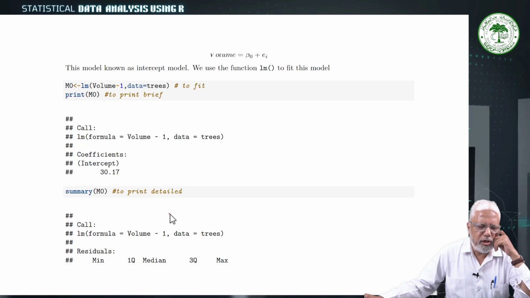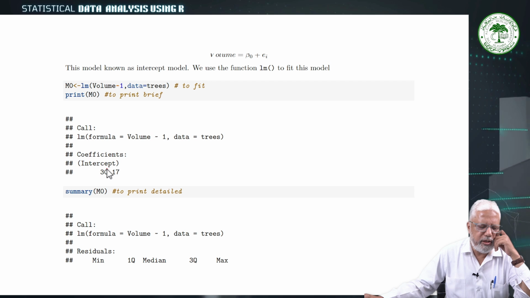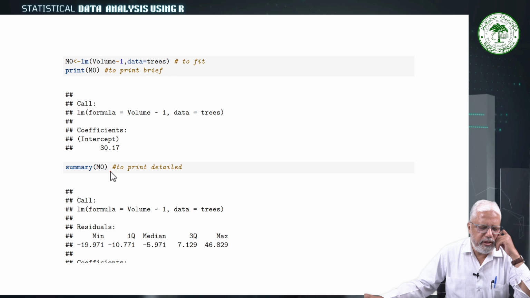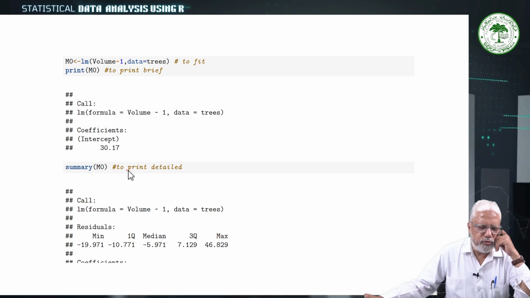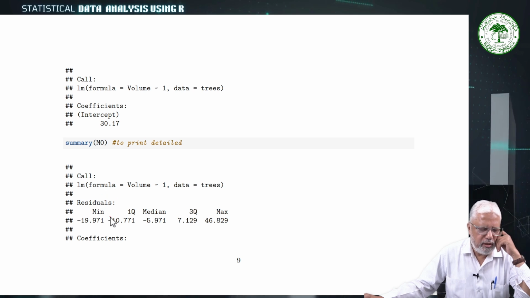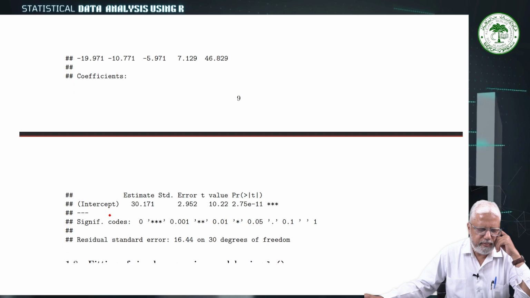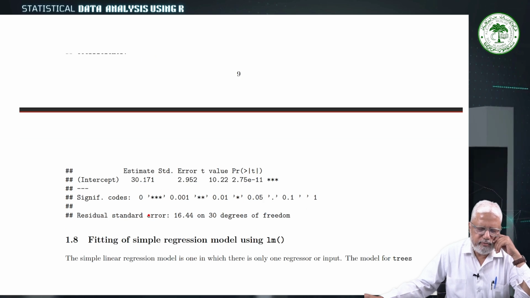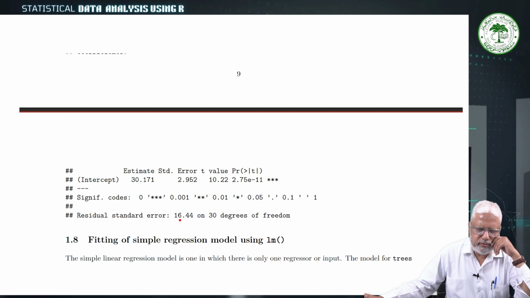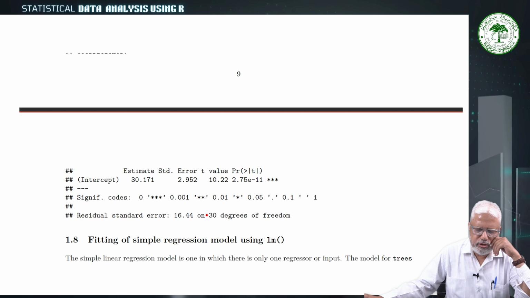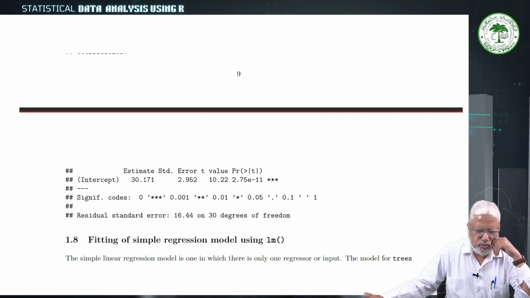Print gives shorter output, this is the shorter output of the result, this is the estimate of the intercept. Here summary means it gives detailed output, like here it prints the residuals, formula, then coefficients, then estimate, standard error, t value and p value, and then residual standard error 16.44 with 30 degrees of freedom. So this way we can fit a model and we can use it.